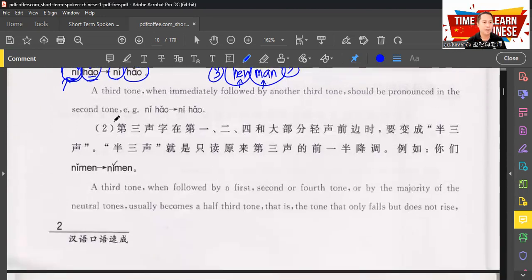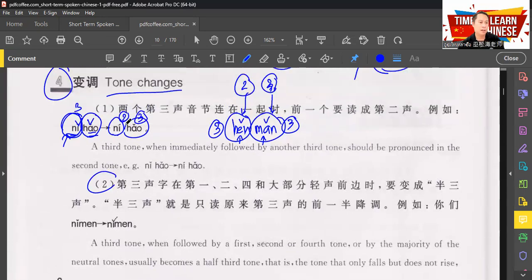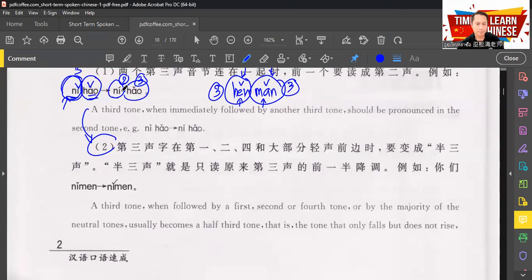And then for the second rule in tone changes, we will call the words that have no marks, no symbol above, neutral tones. Neutral tone.